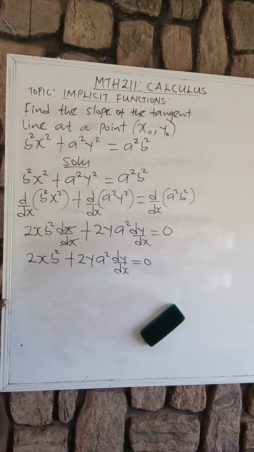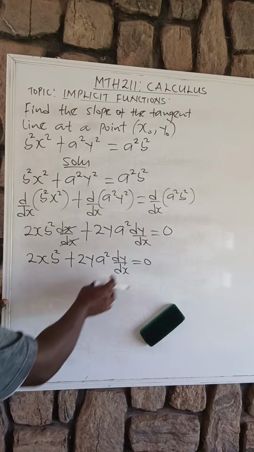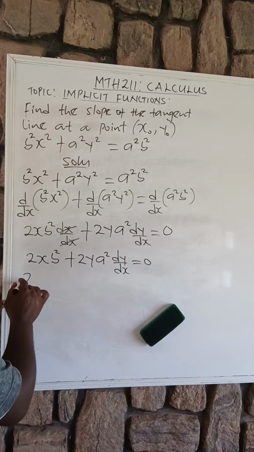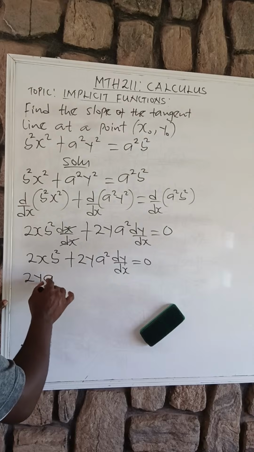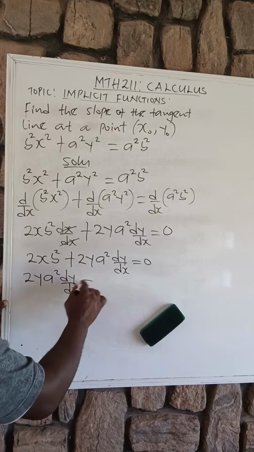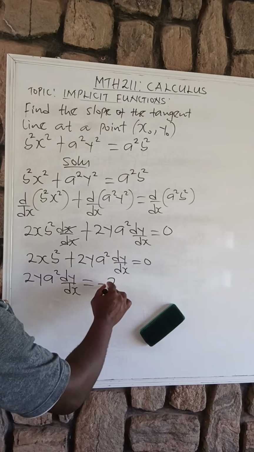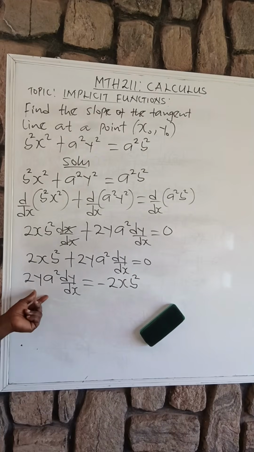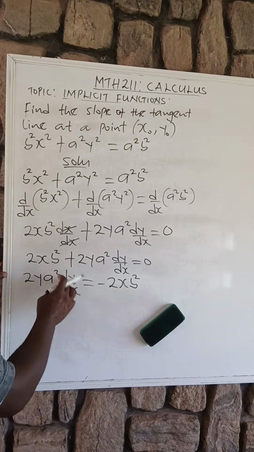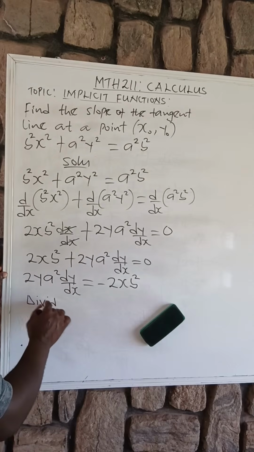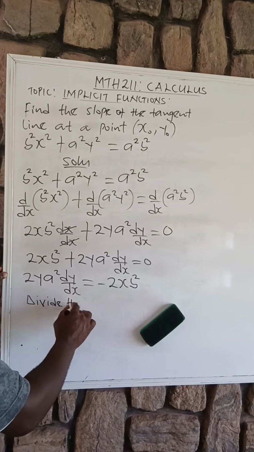So as you can see now, we are looking for dy all over dx. So we take this to the right hand side. We are going to have 2y a square dy all over dx equals minus 2x b squared.